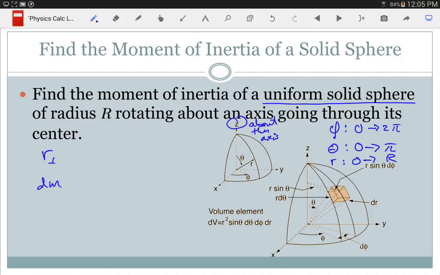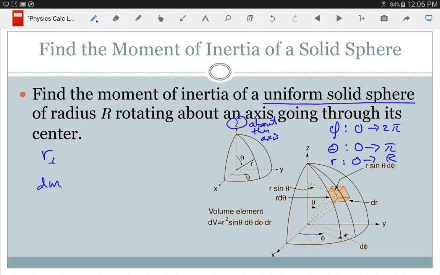R is not parallel to the z-axis, and it's not perpendicular to the z-axis. So what angle does R make with the z-axis? Theta. So if I wanted to find the amount of r that's parallel to the z-axis, what would I do? Well, for parallel, I would use cosine. And since I'm looking for r perpendicular here, I'm going to use r sine theta.